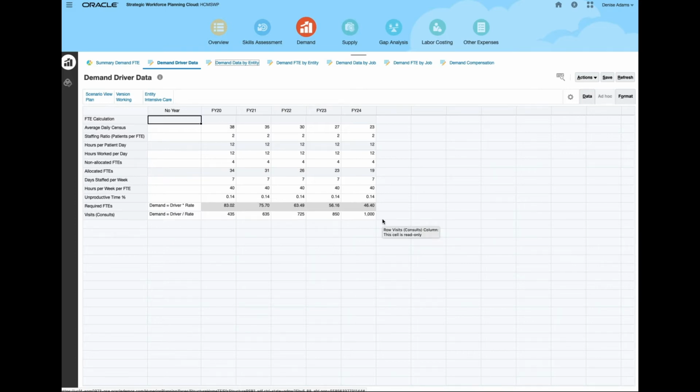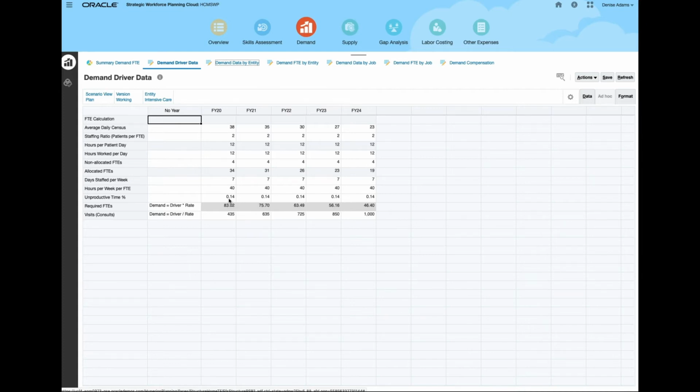One of the places that I could start to account for increased automation might be by reducing the amount of unproductive time that my staff have. Currently we're running at 0.14% of unproductive time. How about, for example, we were able to introduce a system that allowed our staff to keep all their personal information up to date, to run rosters more easily, to see all of the tasks and learning that they've got to do, and to complete those in a much more efficient way.